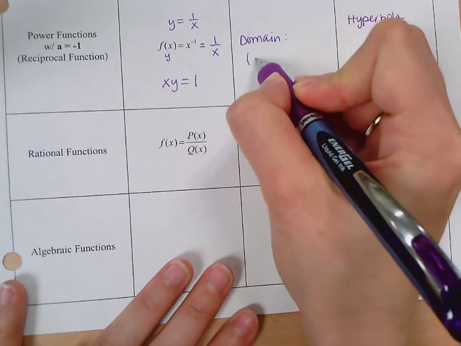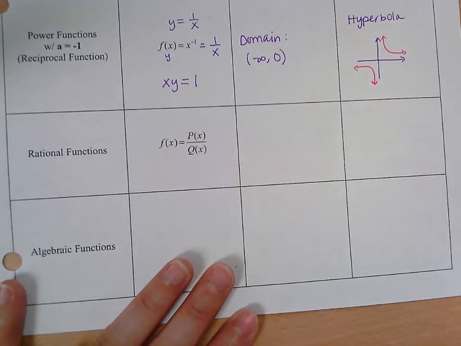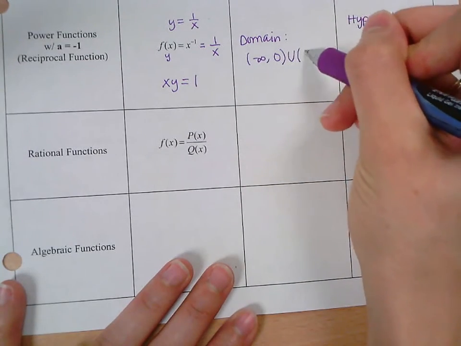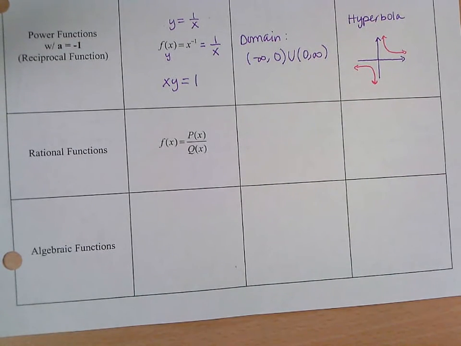It would be negative infinity to 0 with a parentheses, 0 is not included, union 0 to positive infinity. So we can go all the way up to negative 0.00000001 or even closer than that, and then starting at positive 0.0001 and going all the way up. So you just can't include the value 0. That's an asymptote.